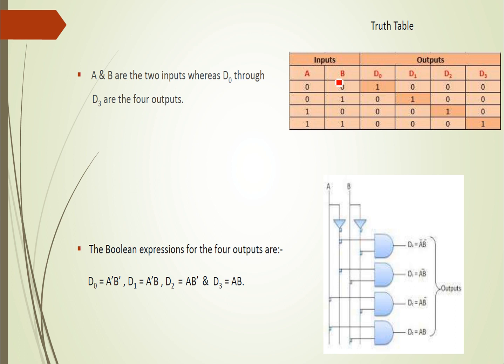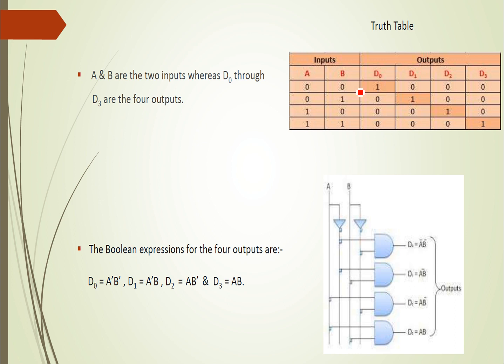So now here 2 inputs, there are 4 different input codes, that is 0, 0 to 1, 1. So depending on these inputs, only one output will be high. So let's consider this truth table.